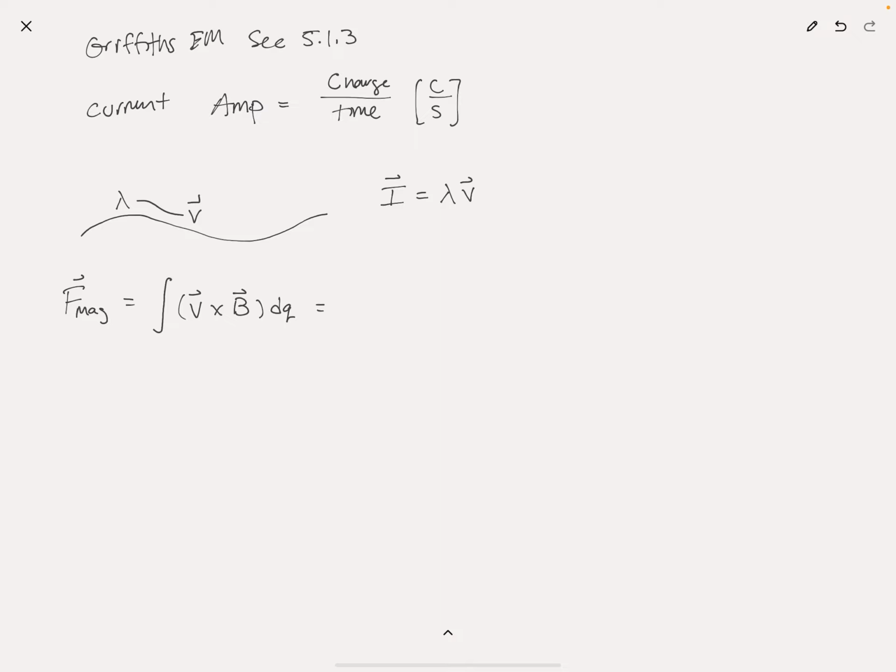I can go ahead and write that and break dq up into its components, v cross B. Now my infinitesimal chunk of current is really the charge density times some infinitesimal chunk of the path of my wire.